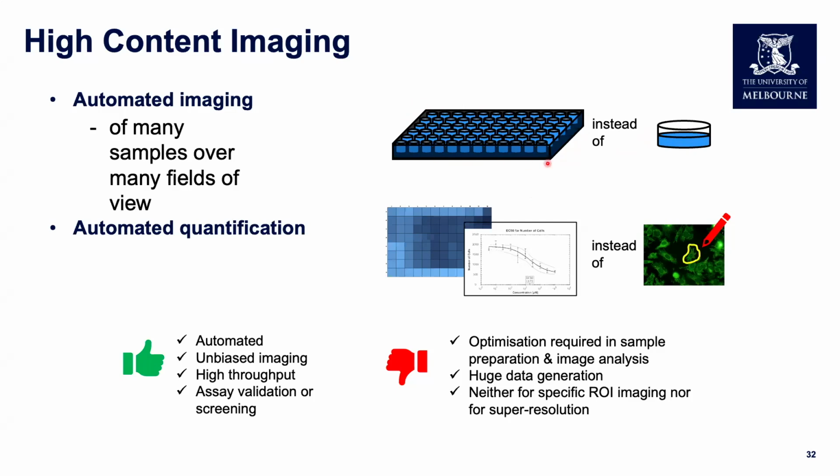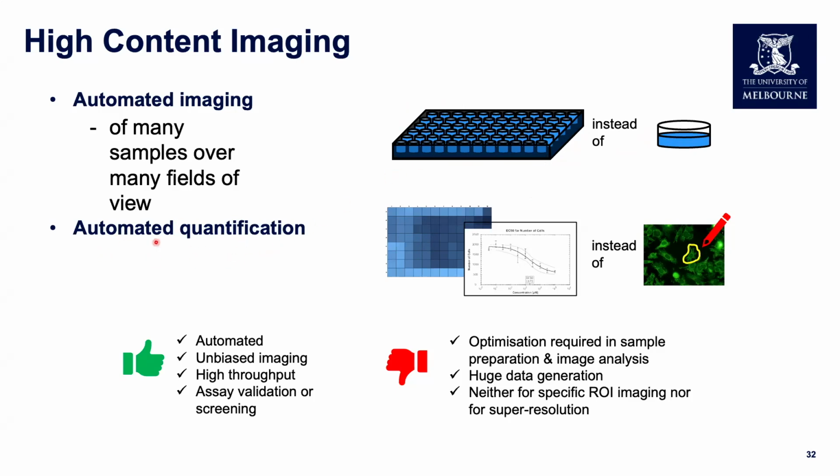So our system, which is the Operetta, can take anywhere from 6-well plates up to 384-well plates. And essentially, if you can stain your samples and specific regions of interest, we can set the system to automatically image each of these wells for you with multiple fields of view if you need.